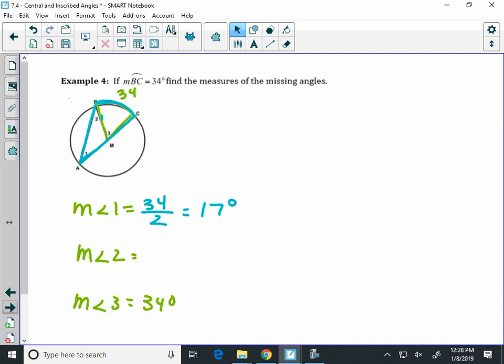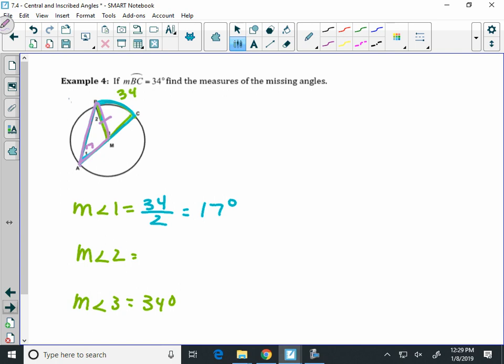But I notice here, I have a triangle. Okay? And I know angle 1 is 17 degrees. But I also know that two sides of the triangle are both the radii of the circle. MA is a radius and MB is a radius. So what do we know about those two segments measured? So they're both the radius of the same circle. Very good, they're the same.